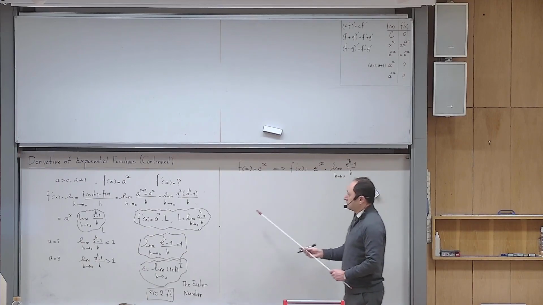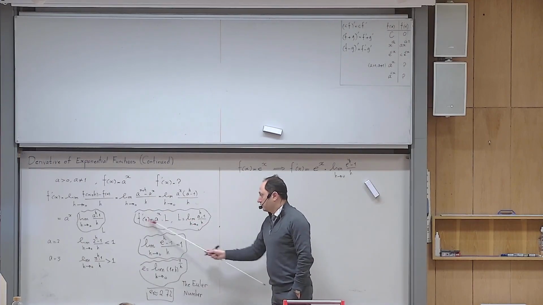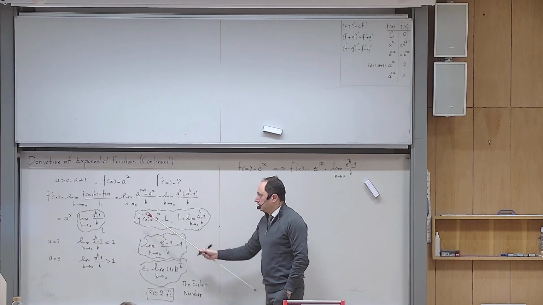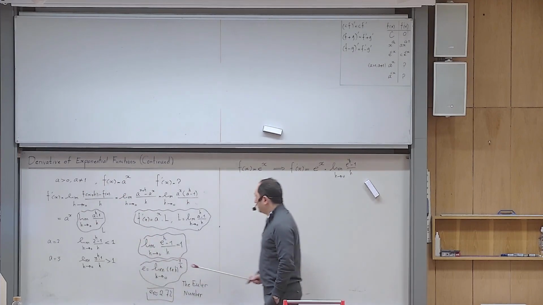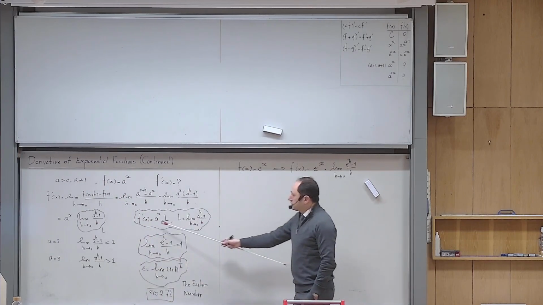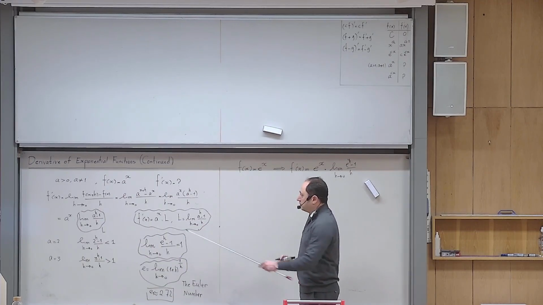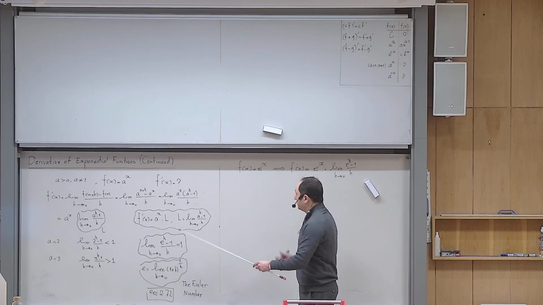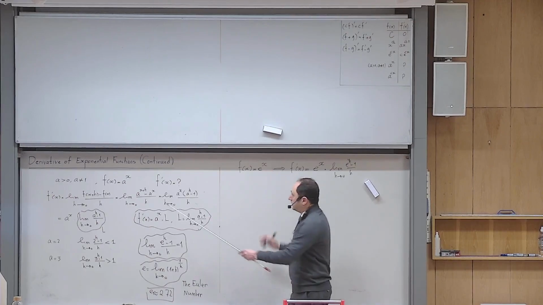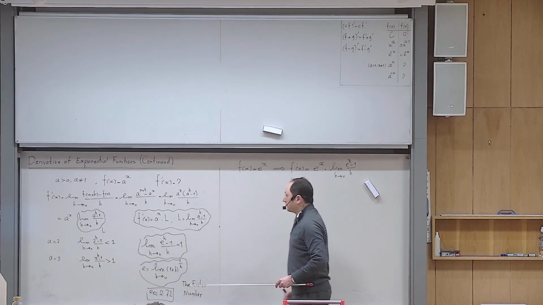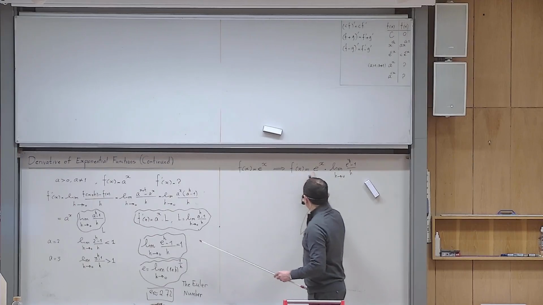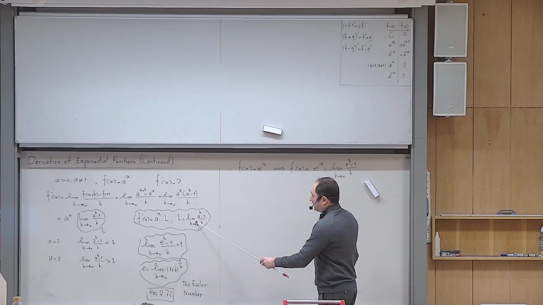So that was the content. This is the completely general formula for any a, as long as a is positive and not equal to 1. If I use this formula by replacing a with e, then I will get e to the power x rather than a to the power x. This becomes e to the power x multiplied by this limit in which a is replaced by e.